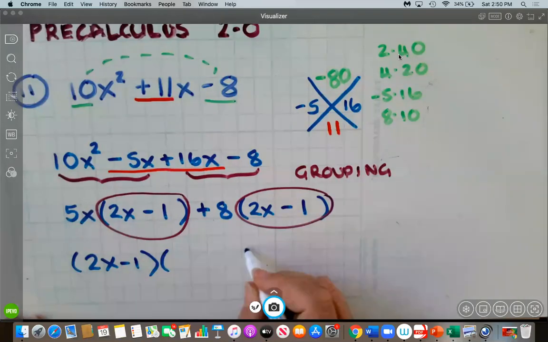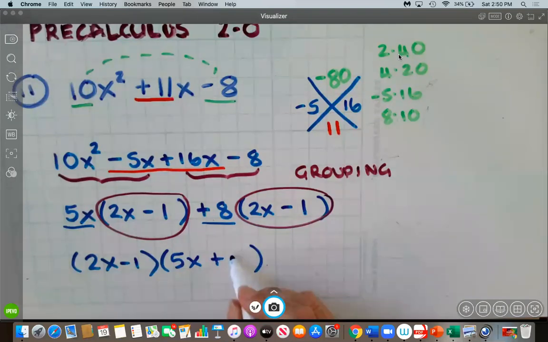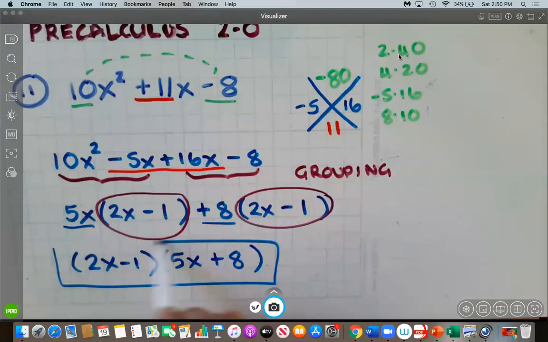And in your other set of parentheses is going to be whatever's left, because you would have to multiply 2x minus 1 times 5x to get this whole term. And you would have to multiply 2x minus 1 times 8 to get that whole term. And these are your 2 factors of your original trinomial.